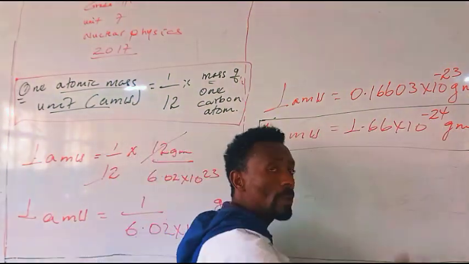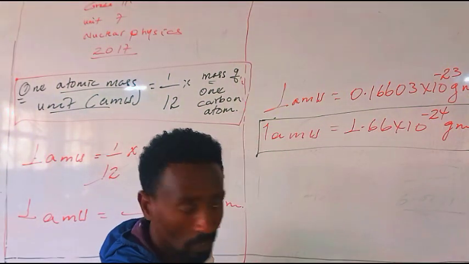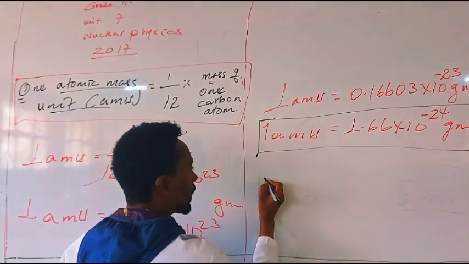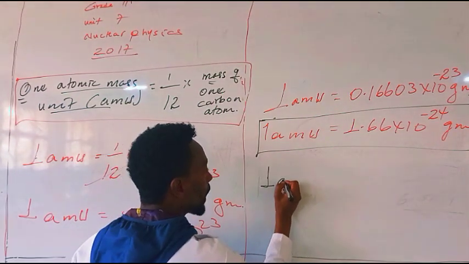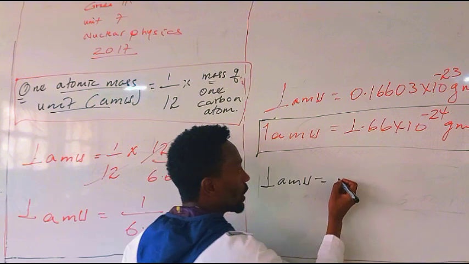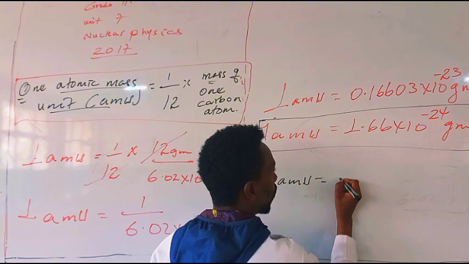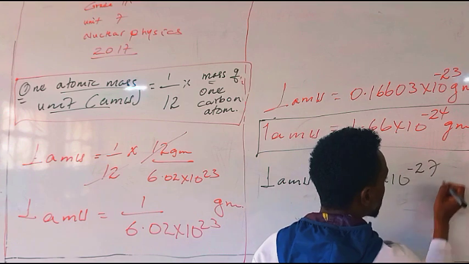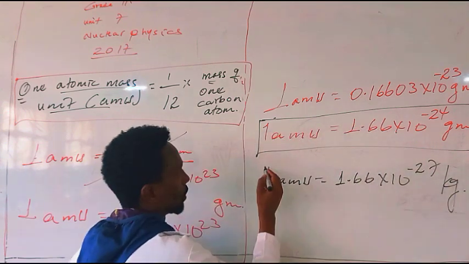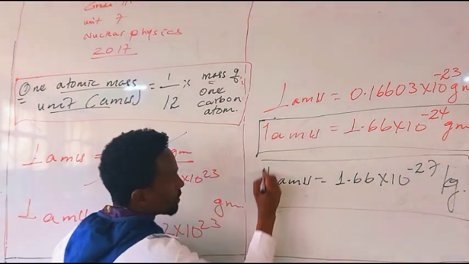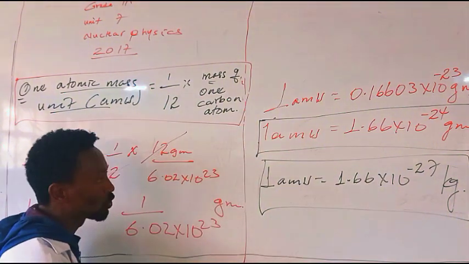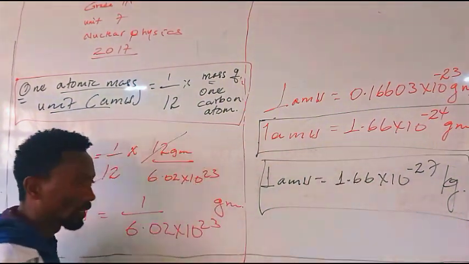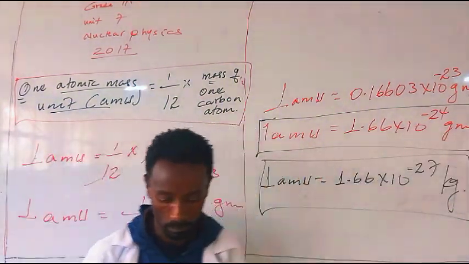This also can be put in terms of kilogram. In terms of kilogram, one atomic mass unit is equal to 1.66 times 10 to the power minus 27 kilogram. So this is the relation between atomic mass unit and the kilogram or gram.